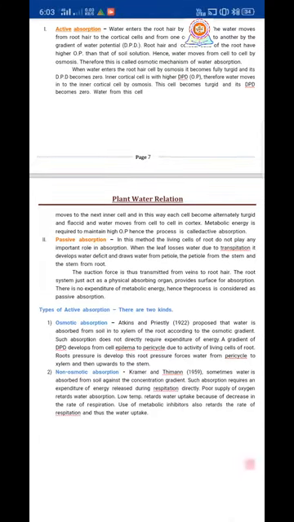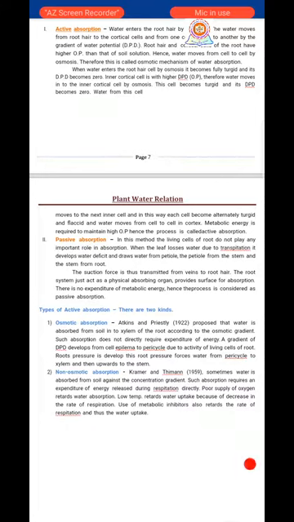The suction force is thus transmitted from veins to root hairs. The root system just acts as a physical absorbing organ and provides surface for absorption. There is no expenditure of metabolic energy, hence the process is considered as passive absorption.